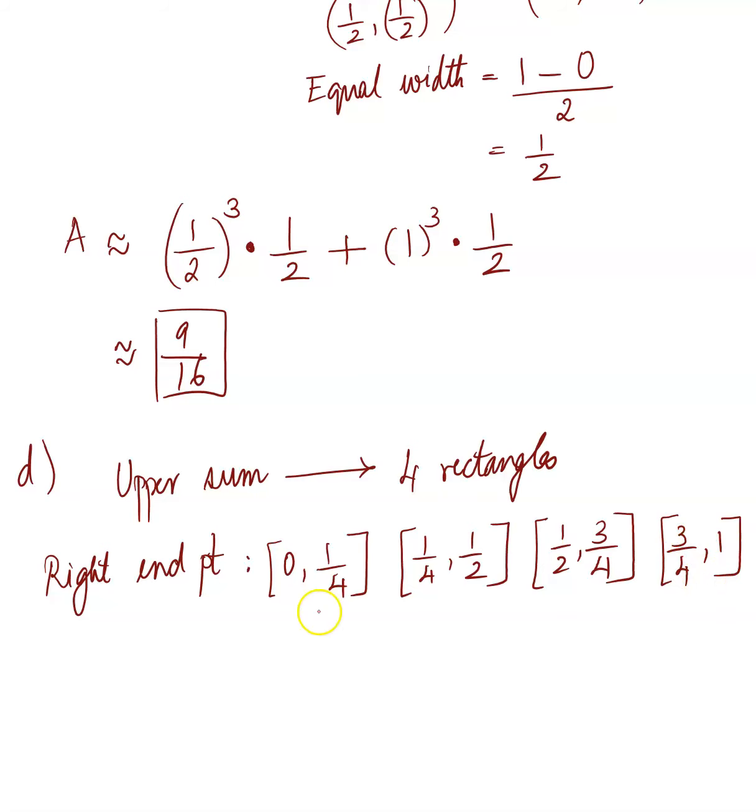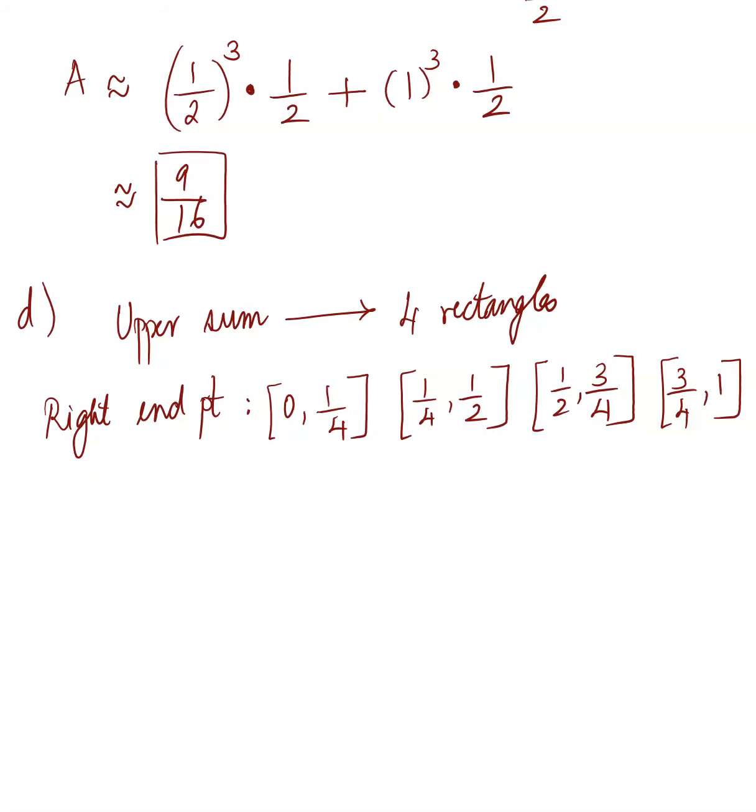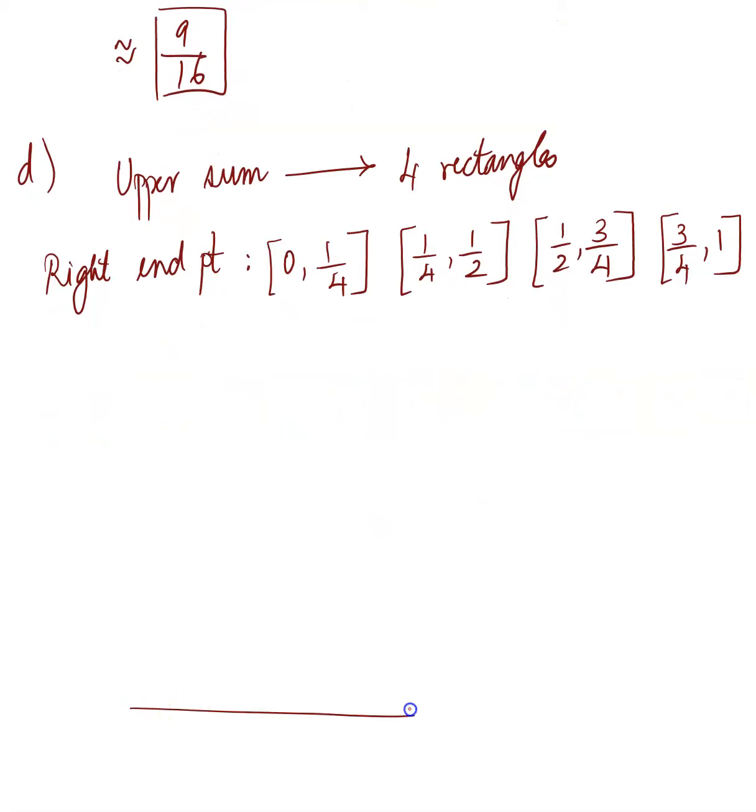Because these are right end points, again, 1 over 4, 1 over 2, 3 over 4, 1. So this would be the first rectangle, this would be the second one.